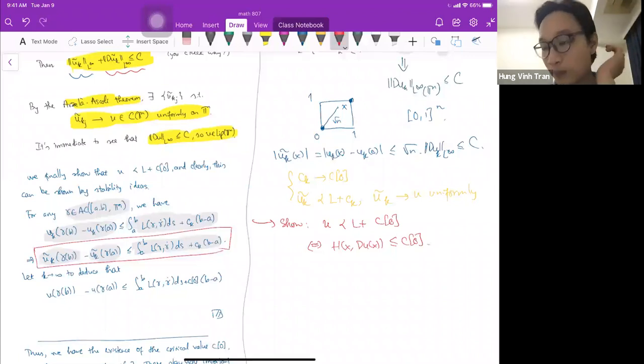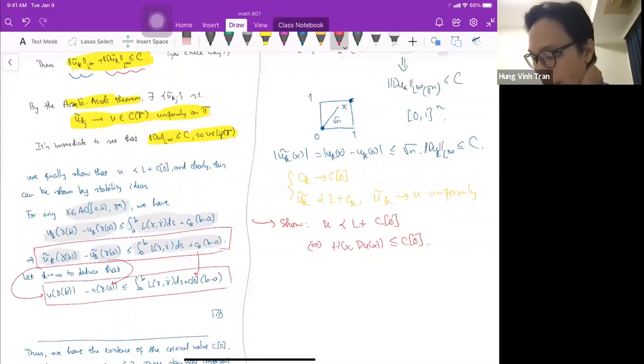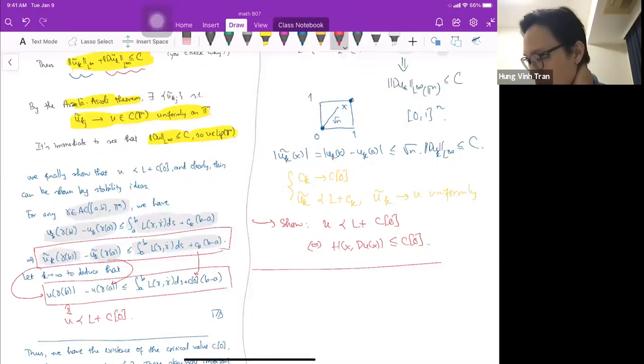And we have uniform convergence, UK converging uniformly to U and CK converging to C naught. So you just pass to the limit and get the result. So we have exactly that U is dominated by L plus C naught. We are done.